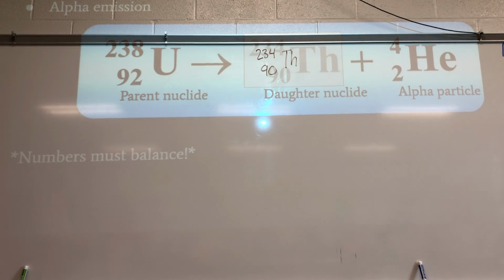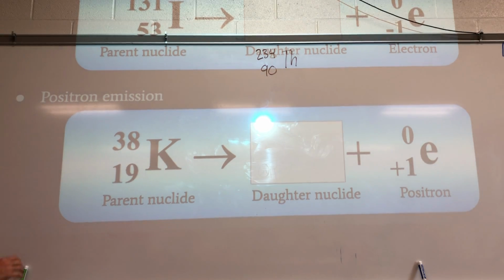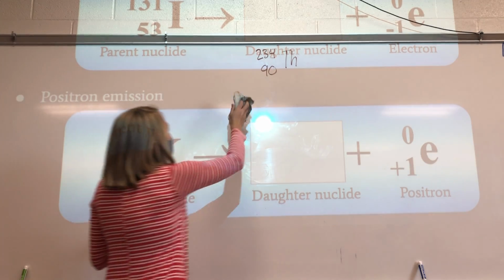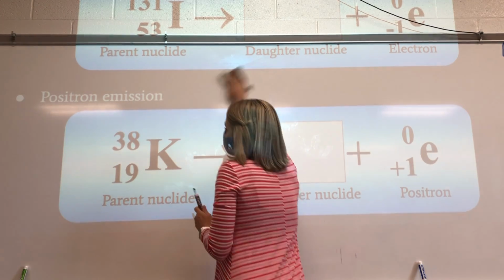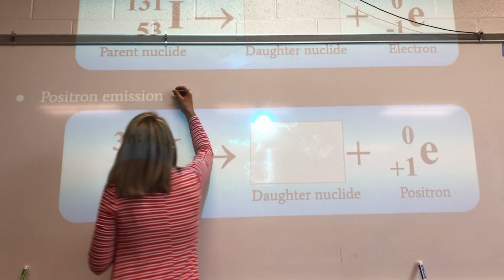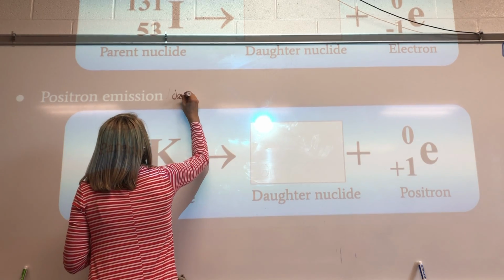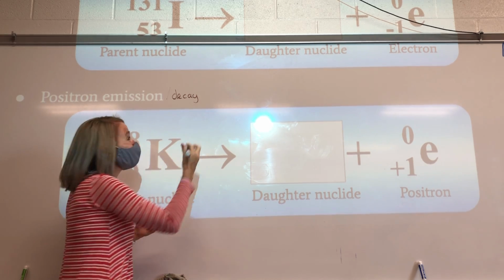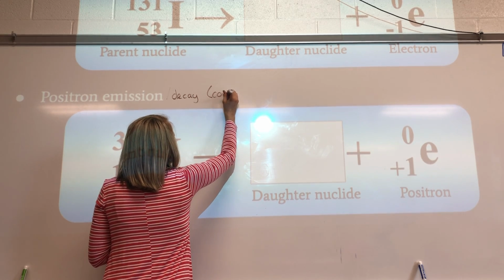Okay, let's take a look at a beta emission. Side note: emission or decay means that the particle is coming out of the nucleus.